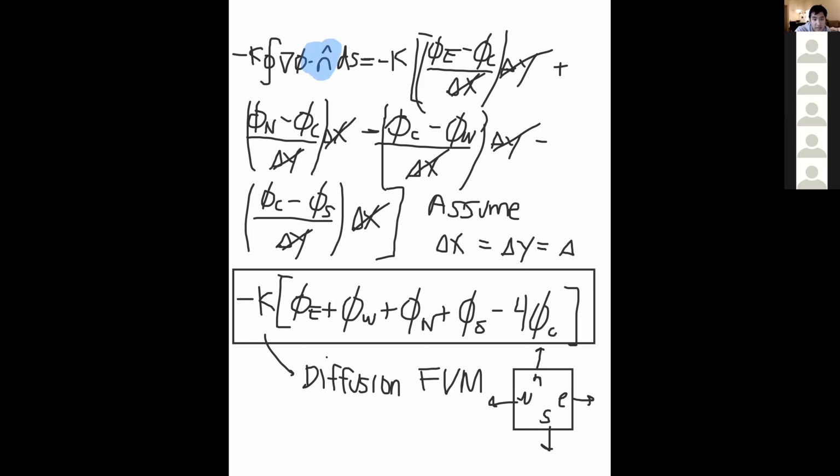So for the north and the east faces, the vectors point up and to the right. So those are positive directions. One's in the positive x direction, the other's in the positive y direction. But for the west and the south, they point to the left and then down. So the left is a negative x direction, and the south is the negative y direction. So that's why we have these negatives that come out.